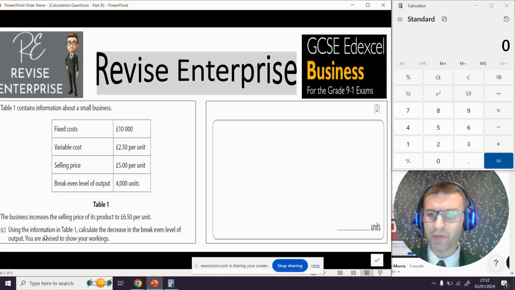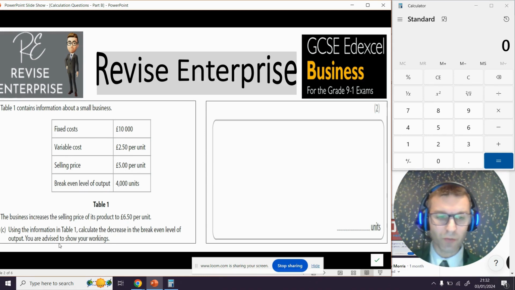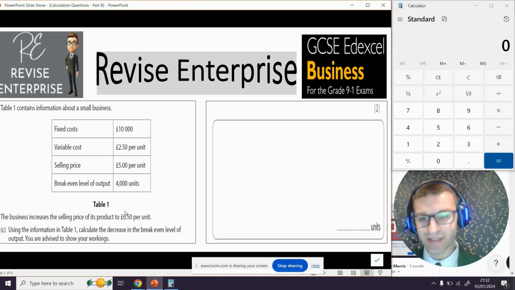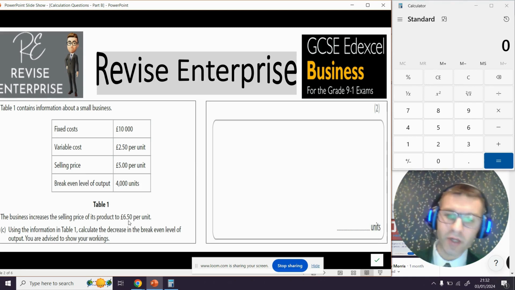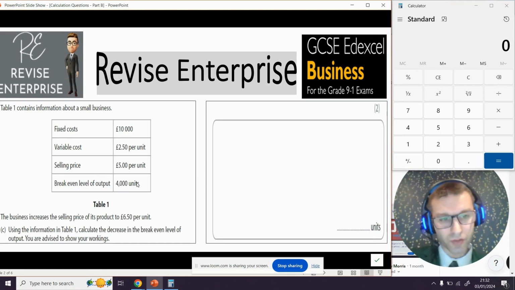It says, using the information in Table 1, calculate the decrease in the break-even level of output. You are advised to show your workings. So it doesn't want students to work out what the new break-even level of output is. It wants you to work out how much it has decreased from the 4,000 units. Now, we know already, because the selling price per unit has increased, we're going to see this break-even level of output drop.